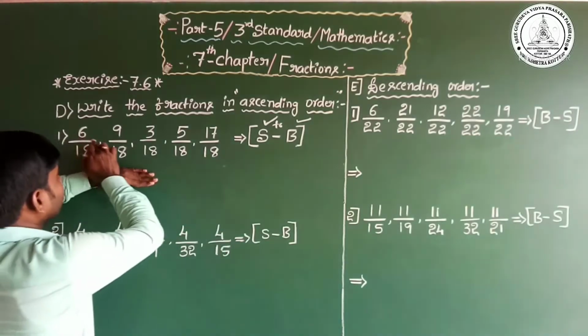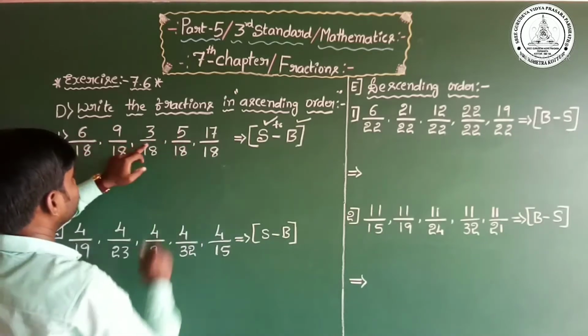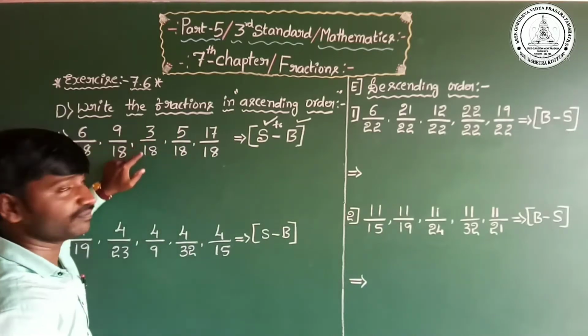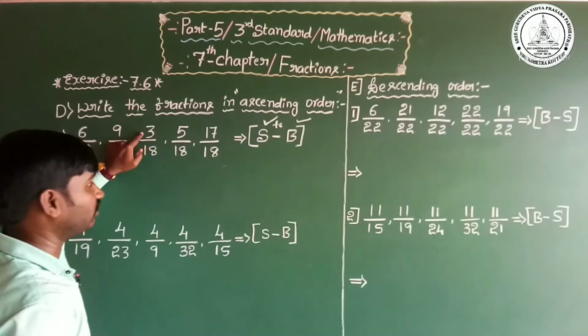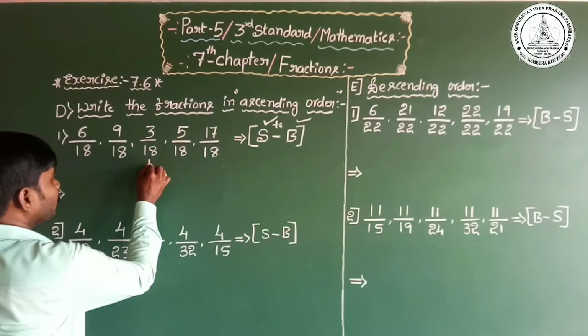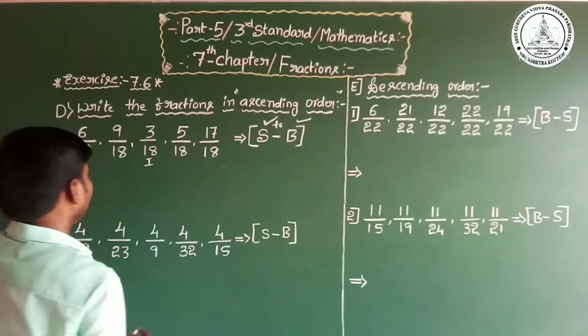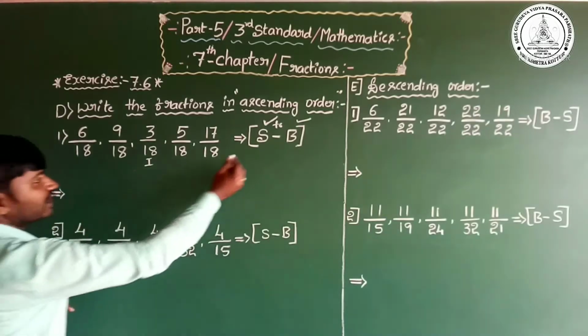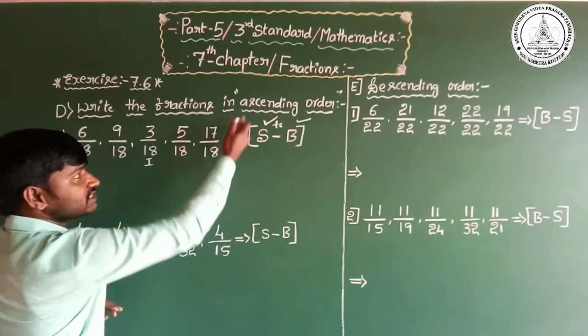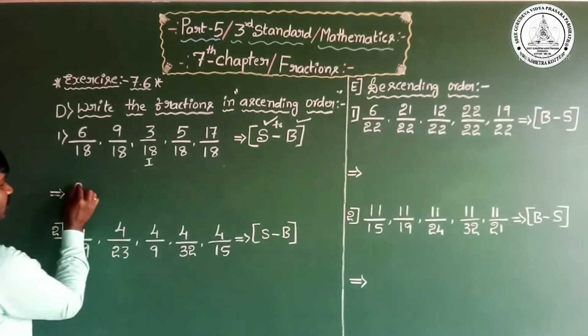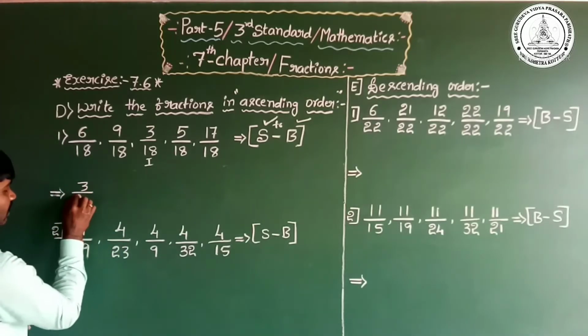Here, which numerator is smaller? Yes, 3 by 18. This 3 is the smallest, you take it first, because you are arranging smaller to bigger, that is the ascending order. Okay, first one is 3 by 18.